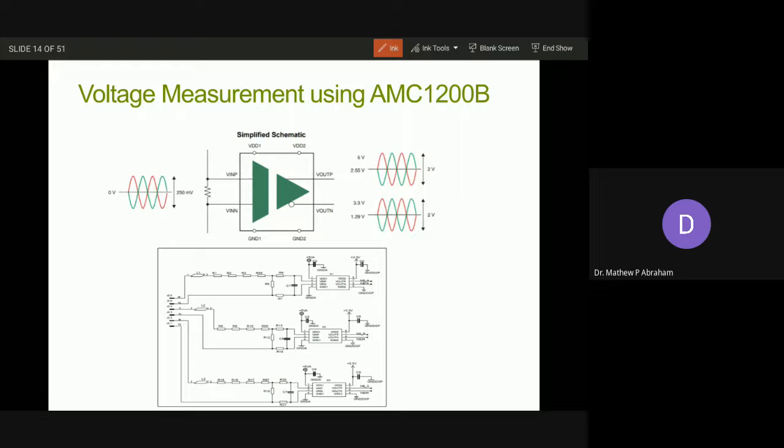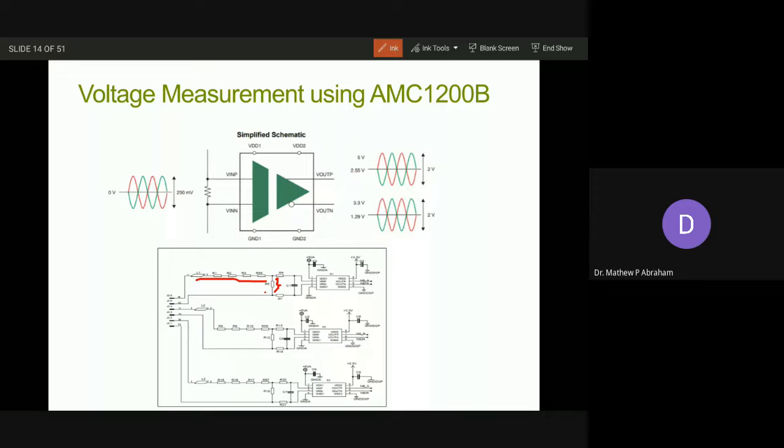Similarly, the voltage measurement was done using pure resistances. So these are series connected resistances of mega ohm range, high values, and they are connected in series with a low voltage.